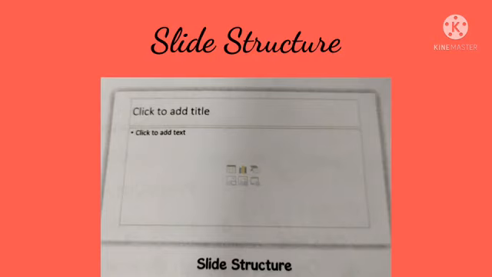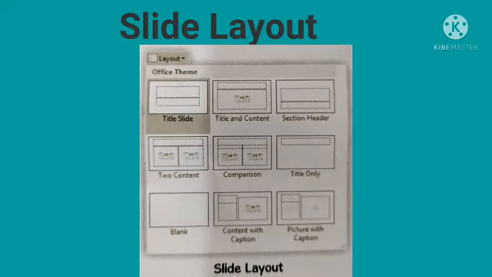A slide contains a placeholder, which is a dotted line rectangle area, and contains items such as text, graphics, charts, etc. Some of the placeholders are thumbnail size icons that include the options to insert pictures, charts, videos, tables, SmartArt, and online pictures.